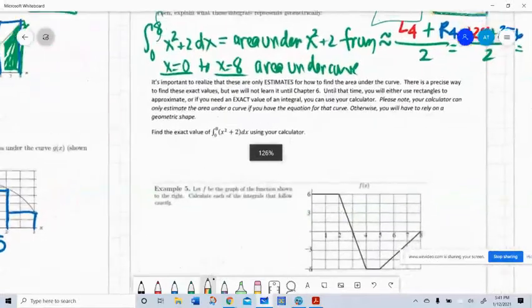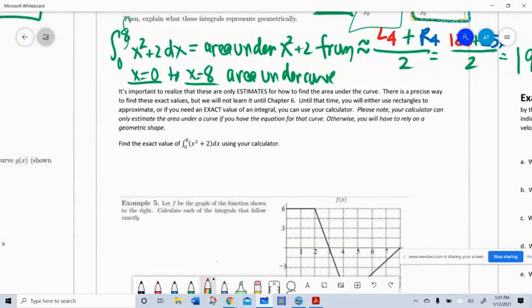So this paragraph is very, very important. I'm going to read it to you. It's important to realize that these are only estimates for how to find the area under a curve. There is a precise way to find the exact value for the area under the curve, but our class won't cover that until chapter 6. So until chapter 6, stay tuned, it's coming.